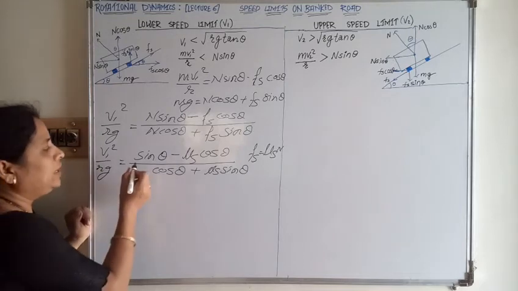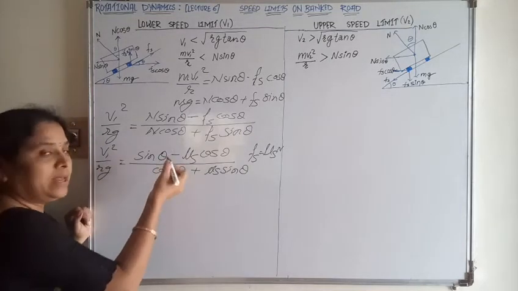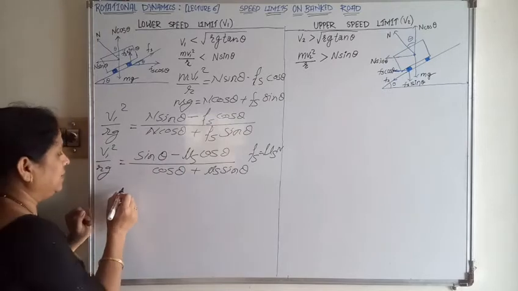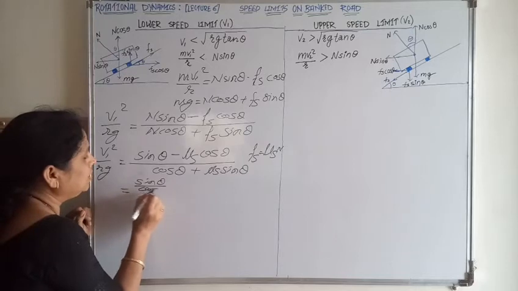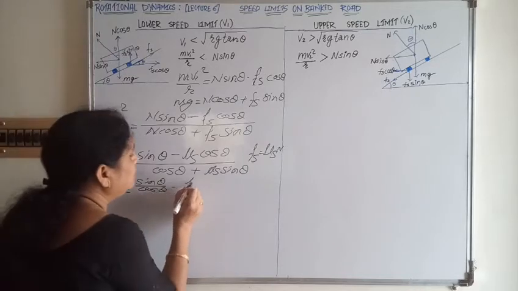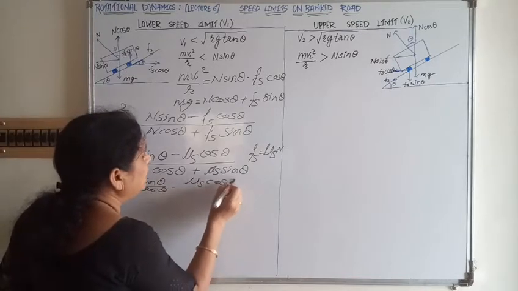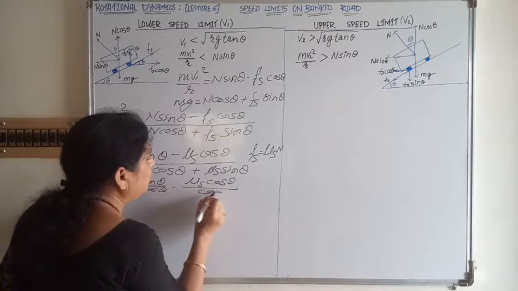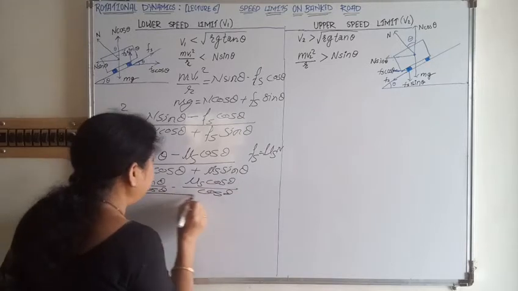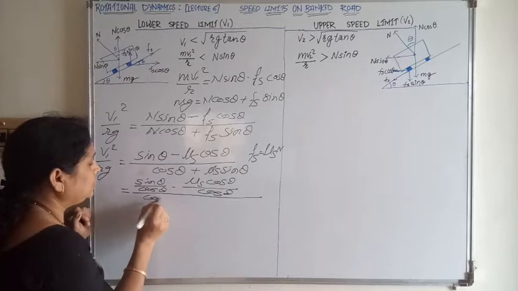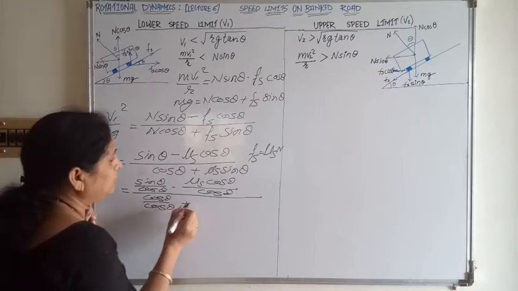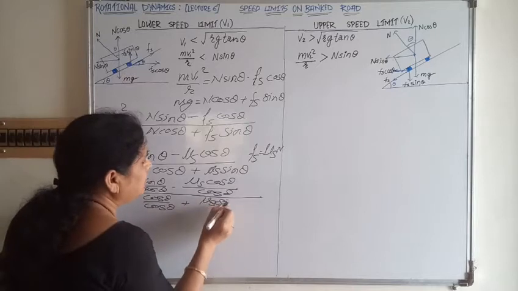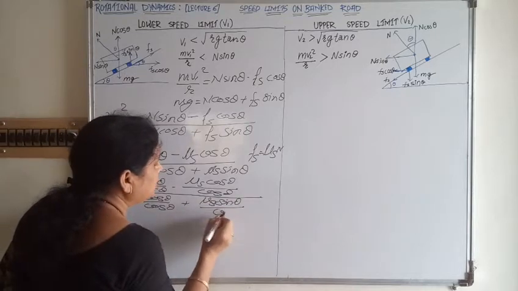Now what we do here, we divide both numerator and denominator by cos theta. I write here sin theta upon cos theta minus mu s cos theta upon cos theta. Again in the denominator, cos theta upon cos theta plus mu s sin theta upon cos theta.